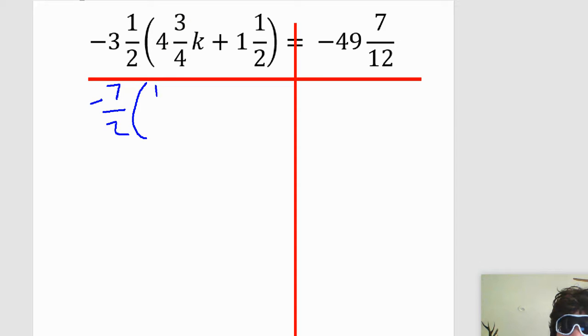Plus 3 is 19. Bottom stays the same. Fourths times k plus 2 times 1 is 2. Plus 1 is 3. 3 halves. Whoa, I don't like the way that 2 looks. That one's so much better.